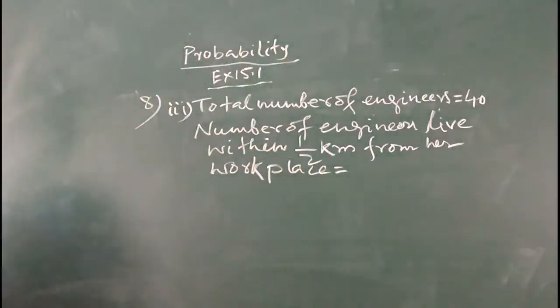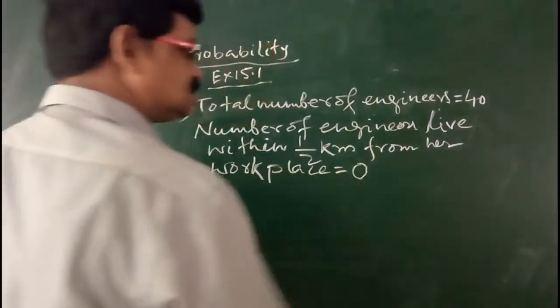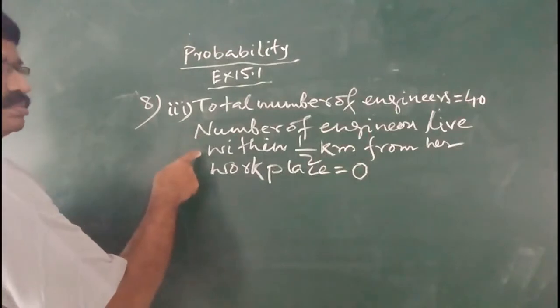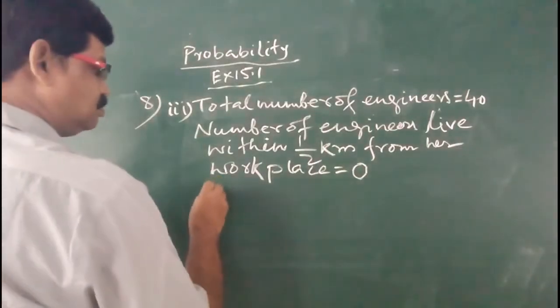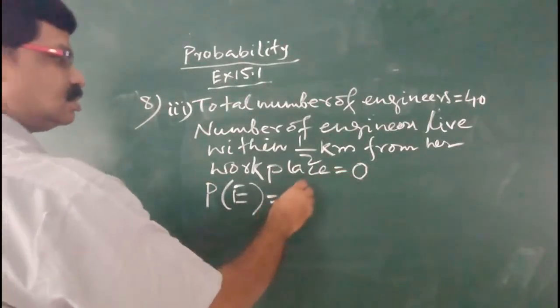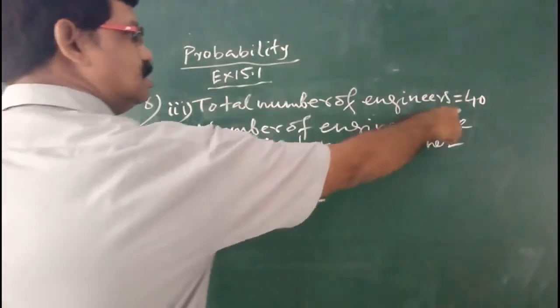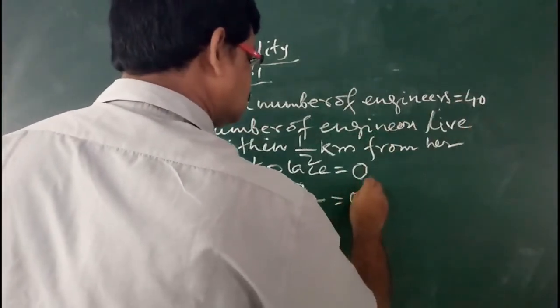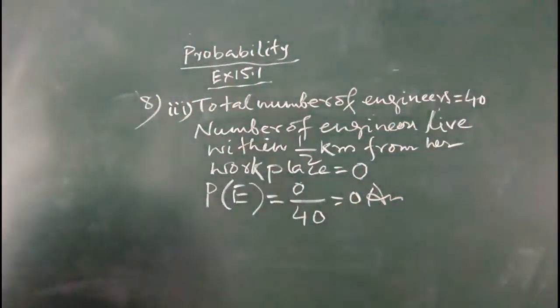Half kilometer, that is not mentioned. So that number is 0. Now you have to find the probability of this one. So P is 0 by total, that is equal to 0. So this one is the answer.